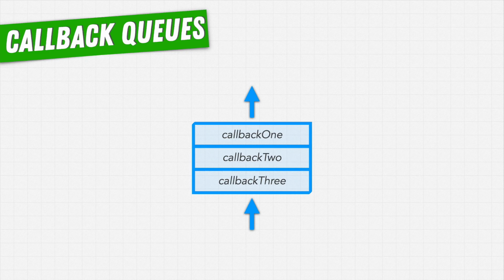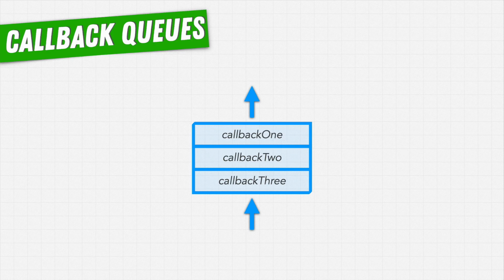This is what's known as a first-in, first-out queue. The first function to be put in, callback1, is the first to be executed, because it was the first one to be pushed into that queue.